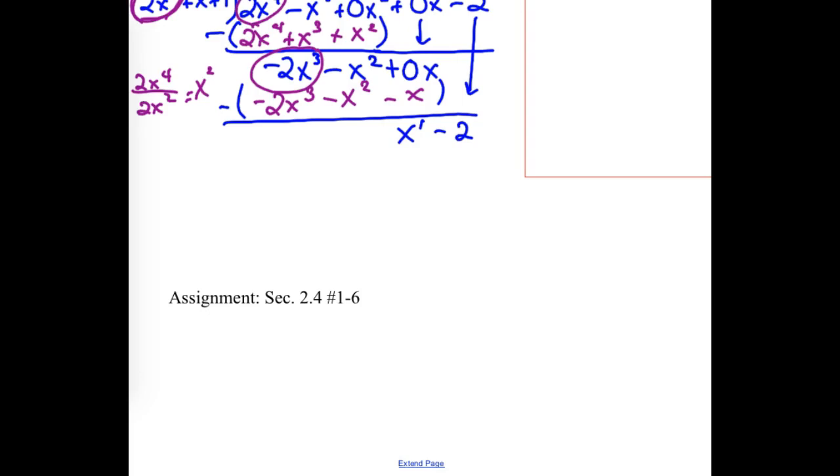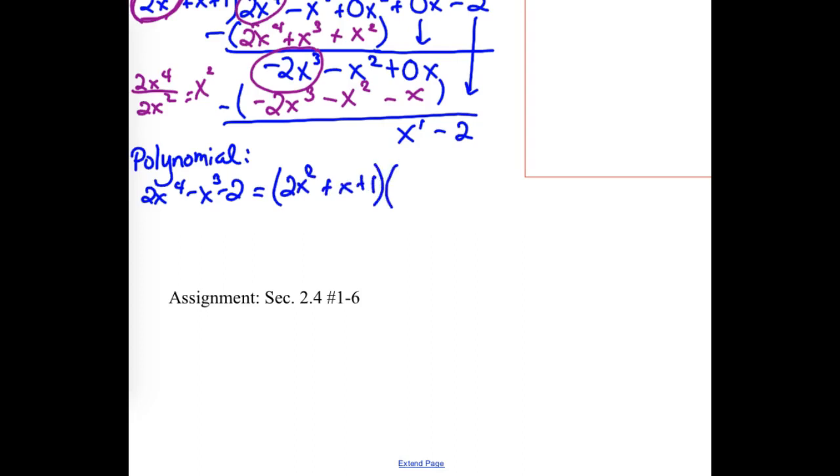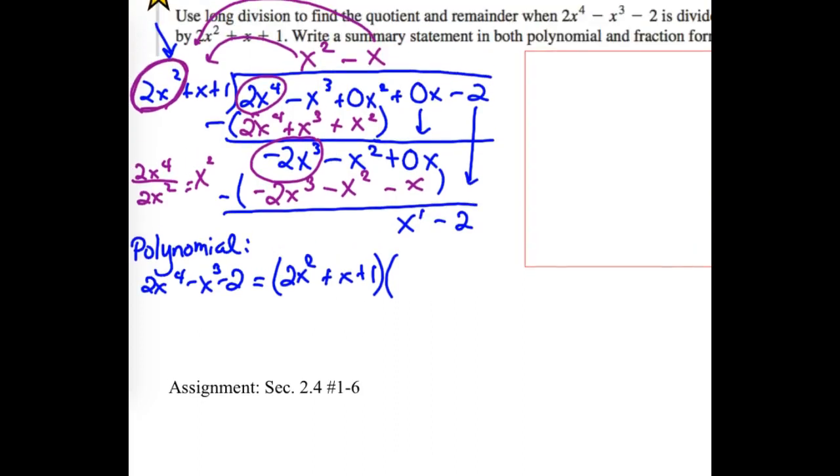Okay? So as a polynomial, we would say 2x to the fourth minus x cubed minus 2, that original dividend, could be found by taking our divisor, 2x squared plus x plus 1, multiplying it by our quotient, the answer we just got, which is what we had on top here, x squared minus x.